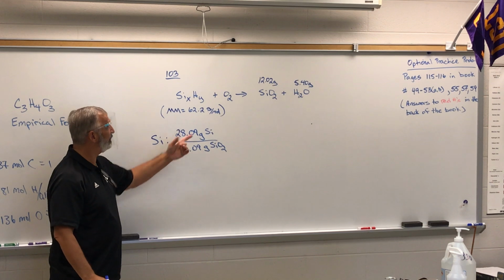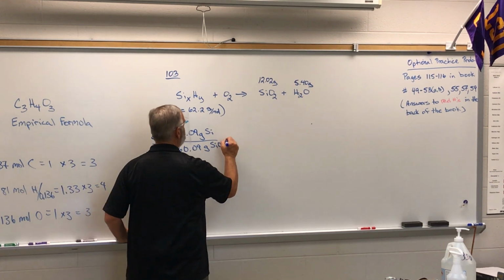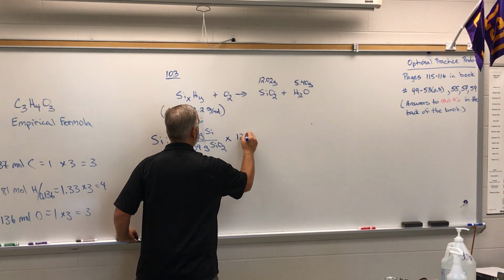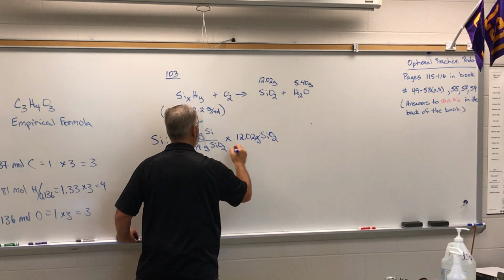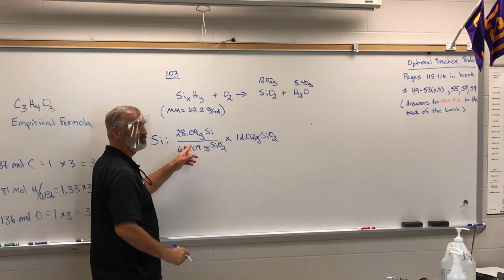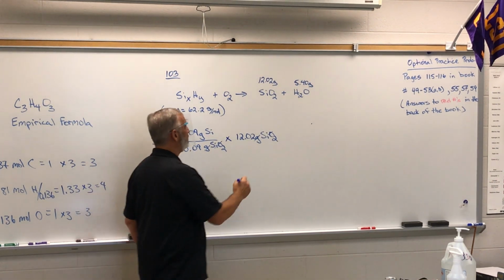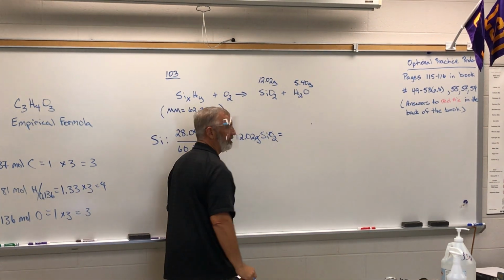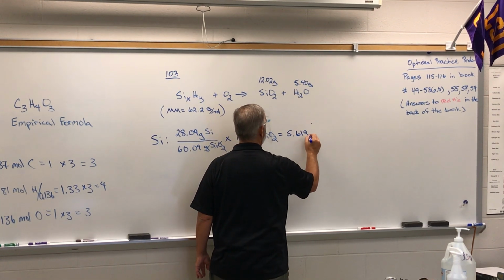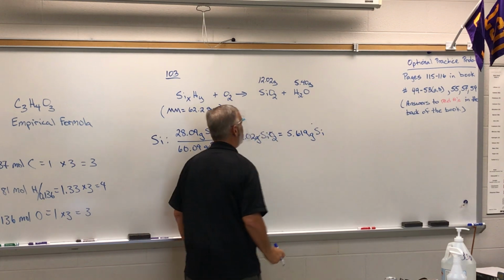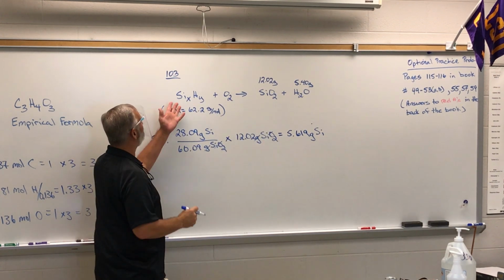Doesn't matter how much we have, but we have 12.02 grams of it, so we're going to multiply by 12.02 grams of SiO2. Grams of SiO2 are going to cancel, and we're left with grams of silicon. And how many grams of silicon do we get? 5.619 grams of silicon. Now we do the same thing. This time we don't have to do any subtraction.